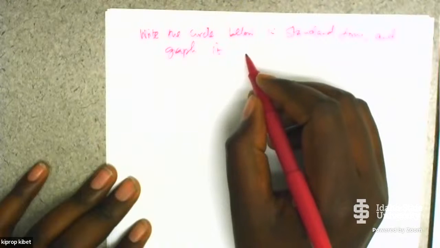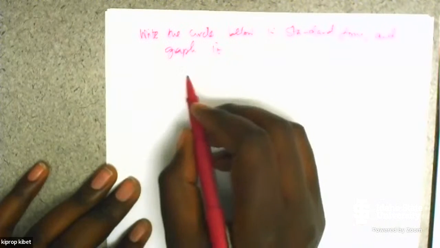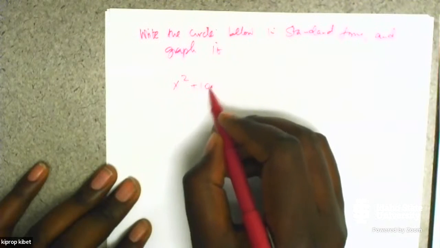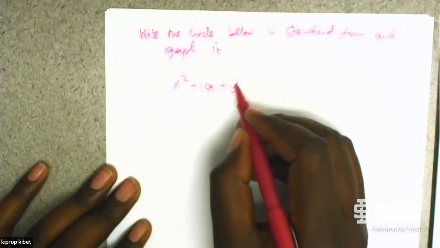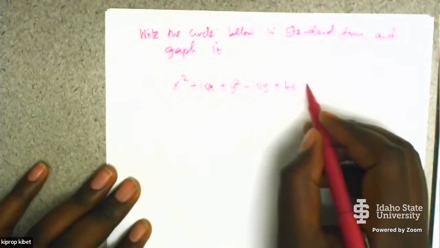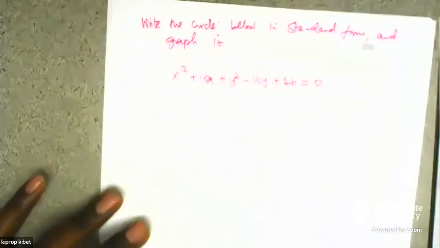We have x squared plus 10x plus y squared minus 10y plus 46 equals 0.